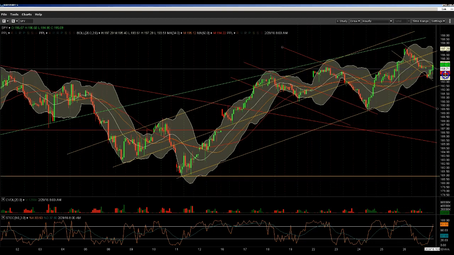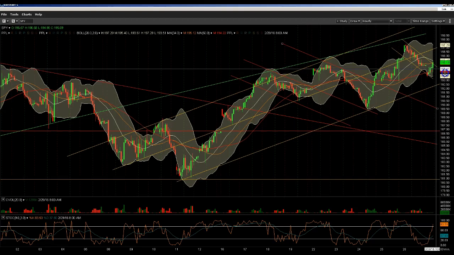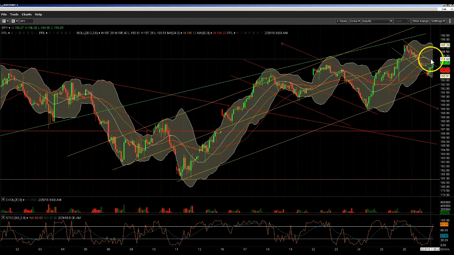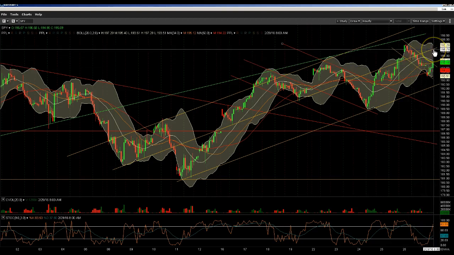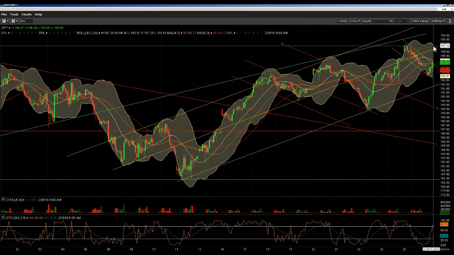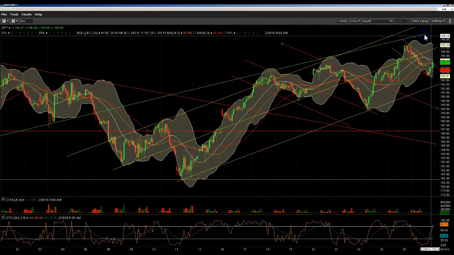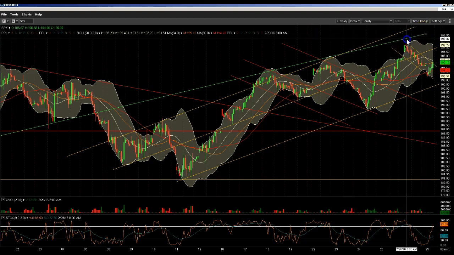Not sure why they're not showing up here right now, but anyway. You can see that the first level of major resistance is going to be 196.79, and then the upper Bollinger. If we break out over that, then this uptrend line that I've drawn from way back comes into play, and you can extrapolate that out.